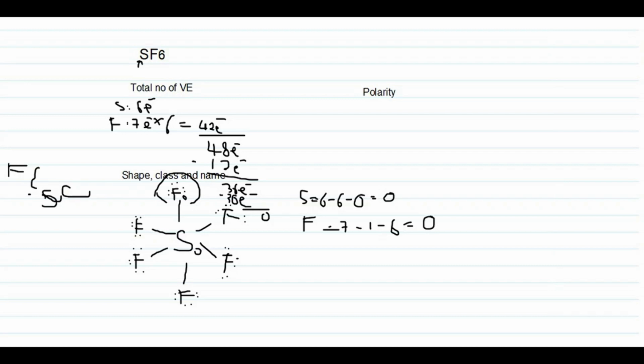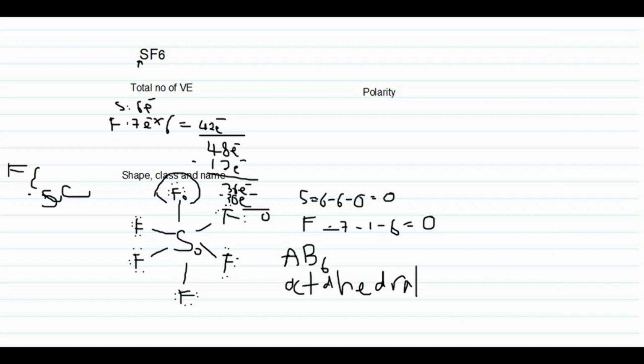Hence, you need to give the class of the molecule first, where A becomes the central atom, and then it is bonded with 1, 2, 3, 4, 5, 6. So it's going to be AB6, where it follows the shape of octahedral. So let's say you didn't draw the structure correctly, you have to ensure that you convert it to the correct structure.